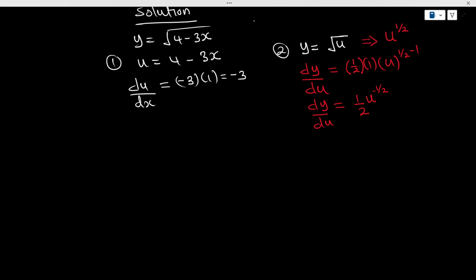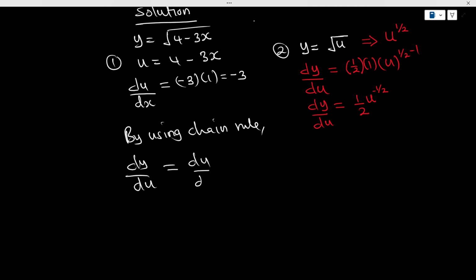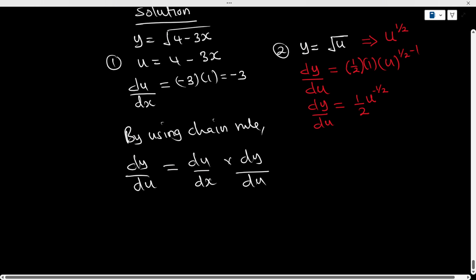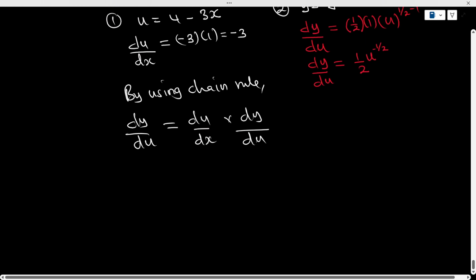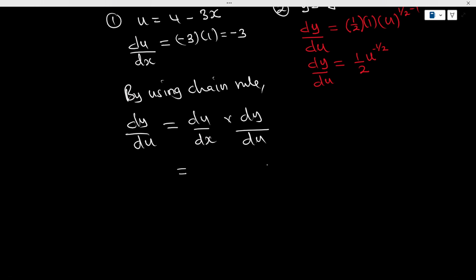Now by using the chain rule, dy over dx must equal du over dx times dy over du. Now we're just going to plug in our numbers. du over dx is negative 3 times 1/2 u to the power negative 1/2.